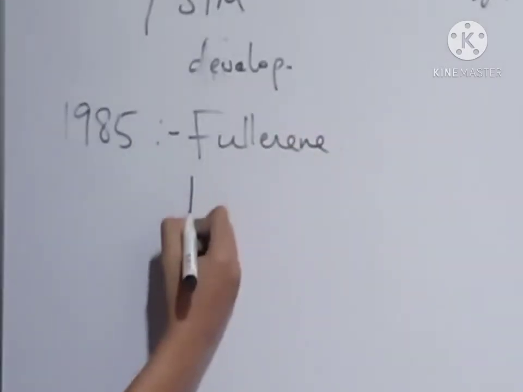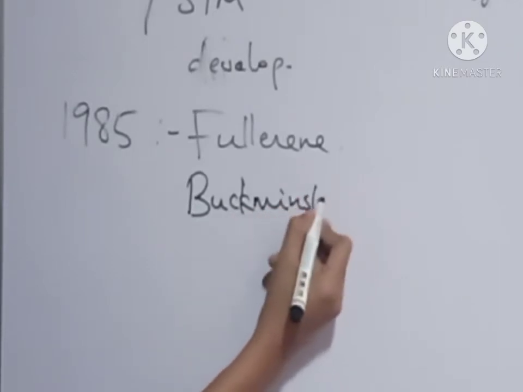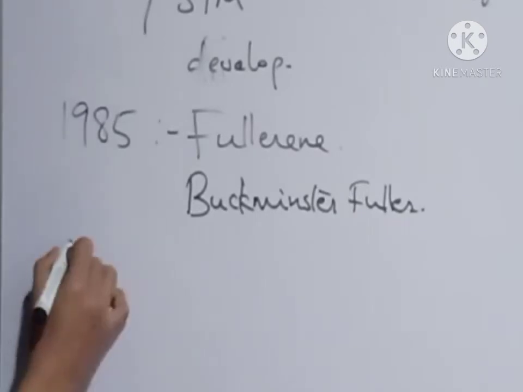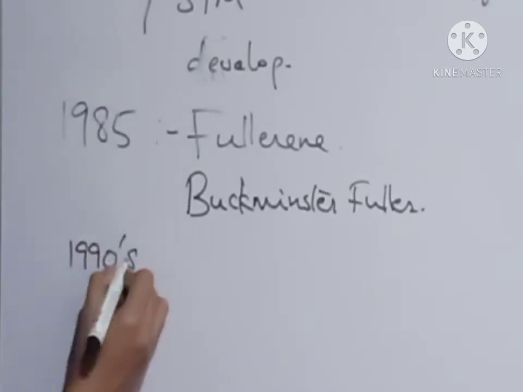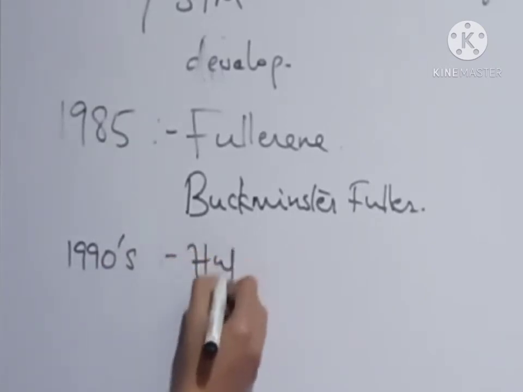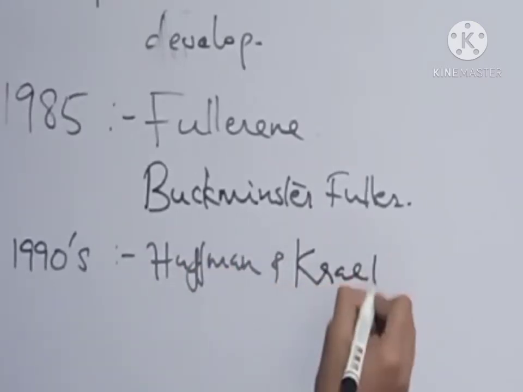Later in 1990s, the preparation and purification of fullerene was done by Huffman and Kratschmer.